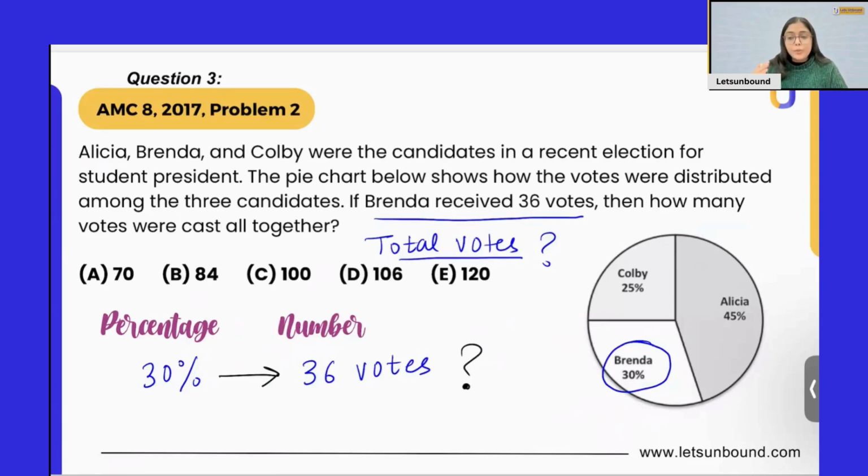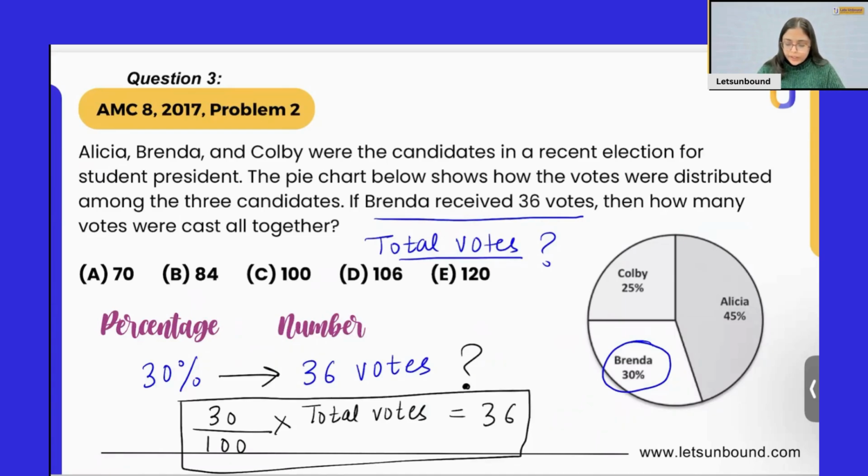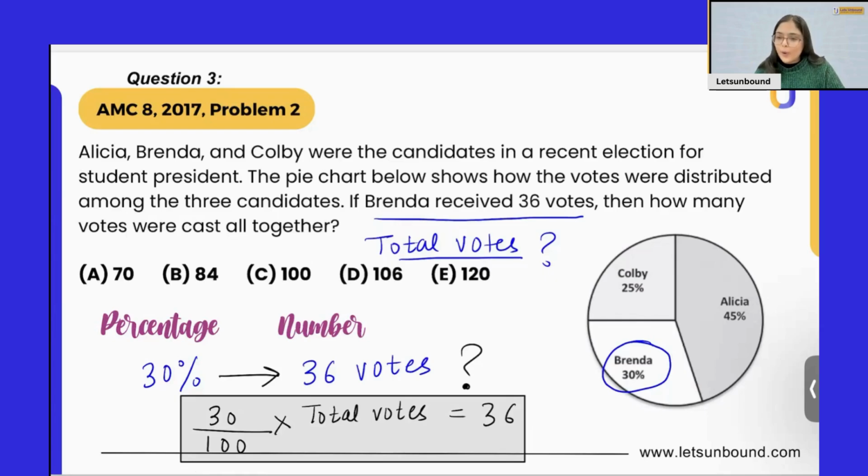So, how do we convert from percentage to number? Let's see. It is the percentage, whatever percentage you have calculated, over 100 times the total votes, which will give you the number of votes under Brenda. So that is 36. Once you solve this formula, you are going to get the answer for total votes, right?